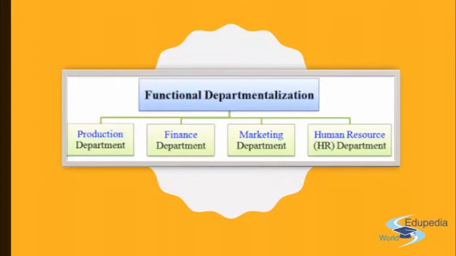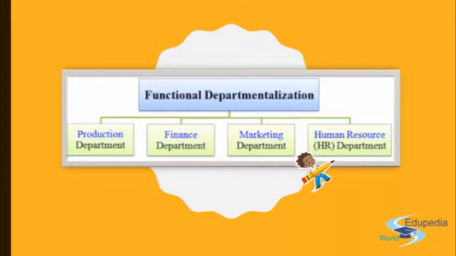As you can see in this example, we have production department, we have finance department, marketing department, and HR department. Another example, like manufacturing company may create a production department, sales and marketing department, an accounting department, and HR department.